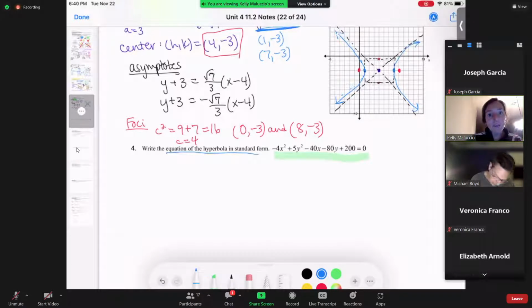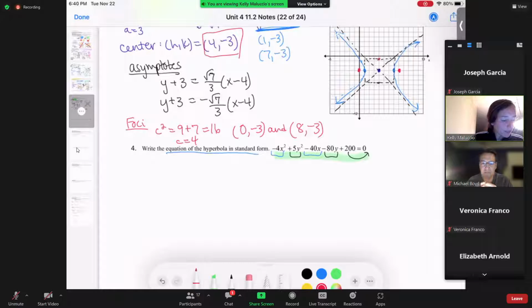So we have to do a little trickery again, similar to last time with ellipses. And we're going to start. So we look at what we have here, and remember we group the X's together and we group the Y's together, right? And then we move this number over here, right? But instead of just doing X's, Y's, and moving on, we start with the positive variable.